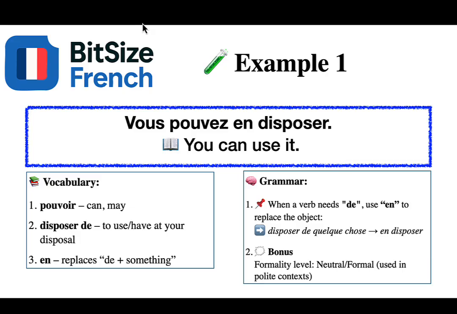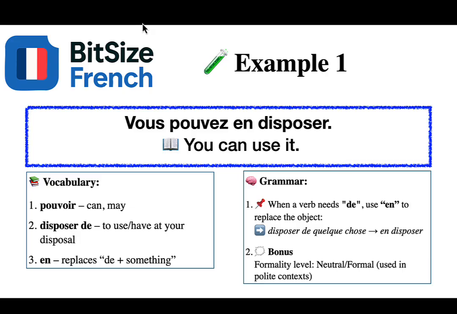So you can also say vous pouvez disposer de quelque chose. You can replace that en, put it at the end of disposer, and that becomes disposer de quelque chose. You can use it.